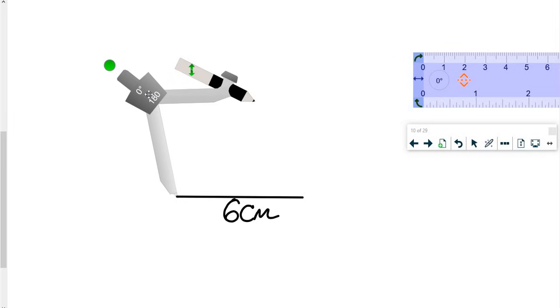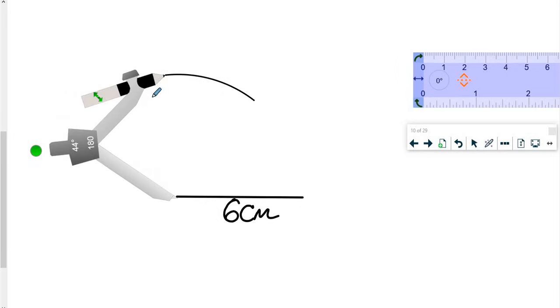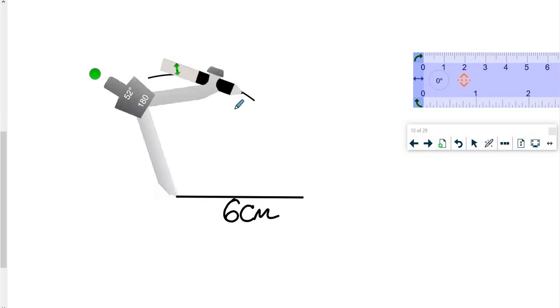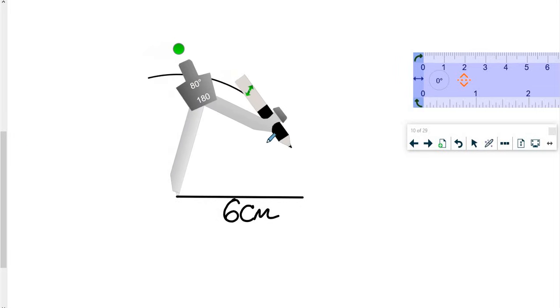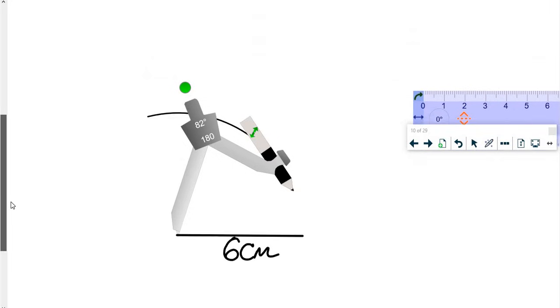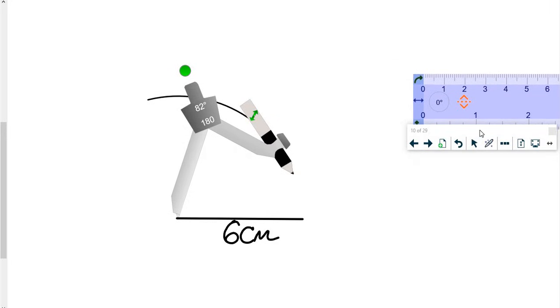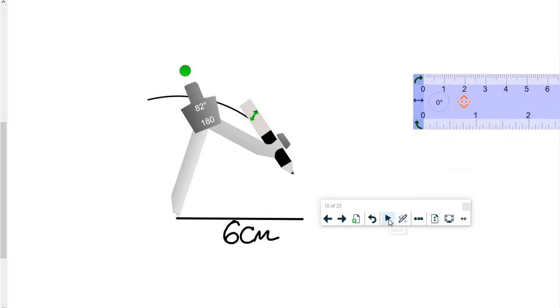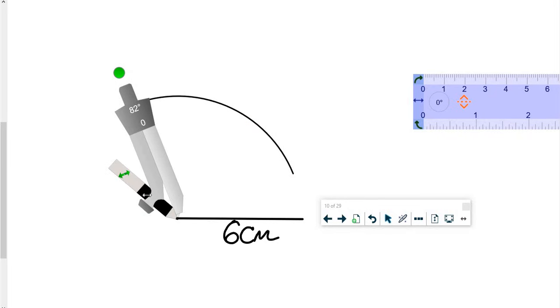So pay attention to what I'm going to do. From this point we need to draw something we call an arc. So draw like this. And then go to the next number, which is 8 centimeters. Because it is a different number, we need to close the compass. Close it.